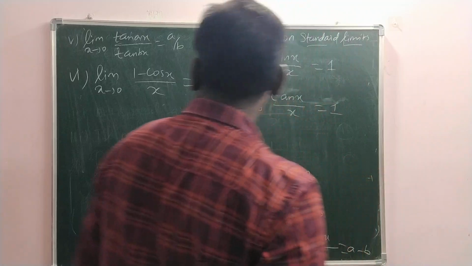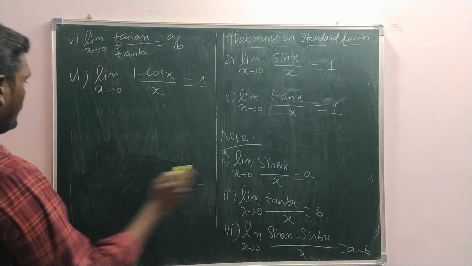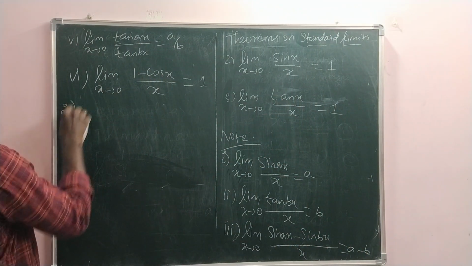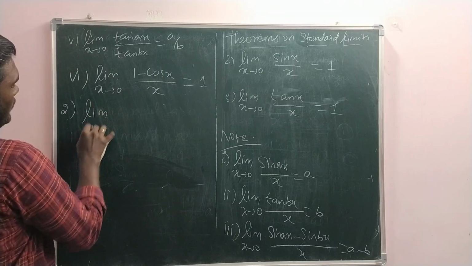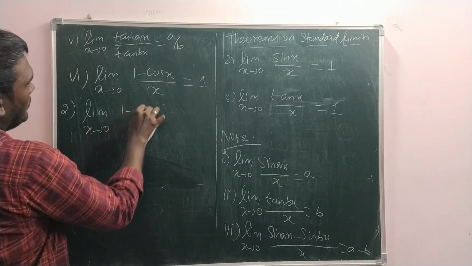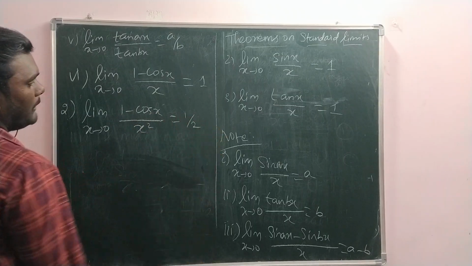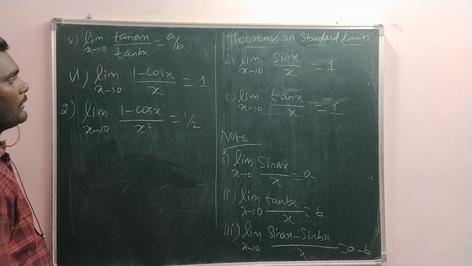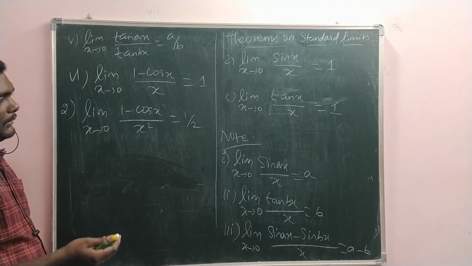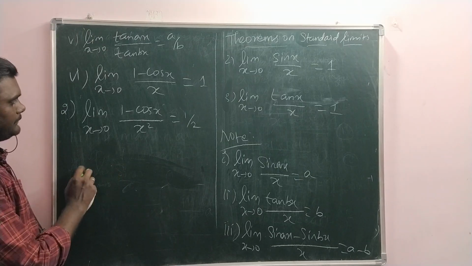And a few more results. Limit x tends to 0, (1 minus cos x) by x square is equal to 1 by 2. Why? Because we have that formula, 2 sin square x by 2.